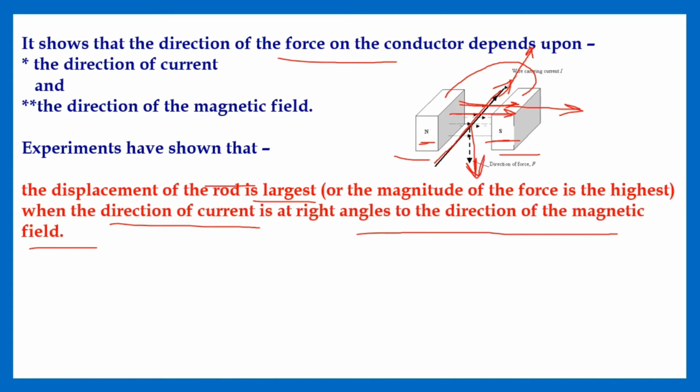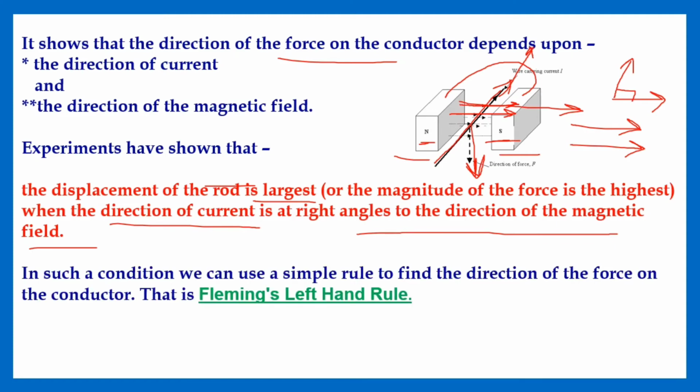So if electric current and magnetic field are perpendicular to each other, the force experienced by the conductor will be the largest. And if they are in the same direction, meaning the direction of magnetic field is this and the direction of electric current is also this, at that time the force will be minimum, or we can call it zero.